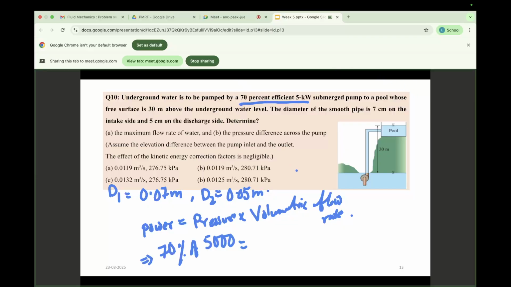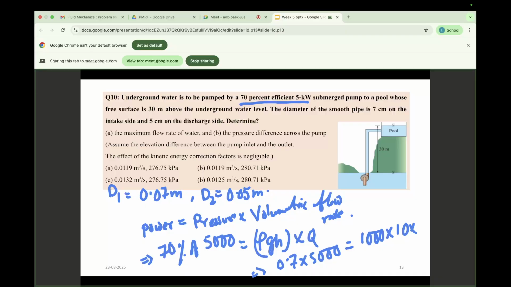Okay, let me solve this one. So that means rho gh, right? So you can calculate rho gh. Rho gh into Q. So that means 0.7 into 5000 equal to rho of water is 1000 into g.